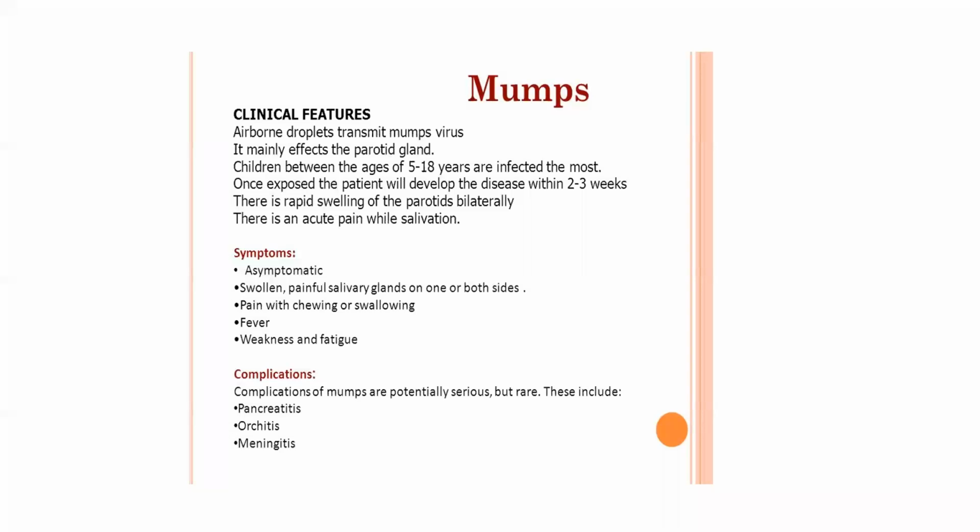The virus is found present in the saliva from a week before parotitis to a week or two after its onset, and the rate of infection is high about a day or two just before parotitis occurs. In that time duration it shows a high peak of infectivity.